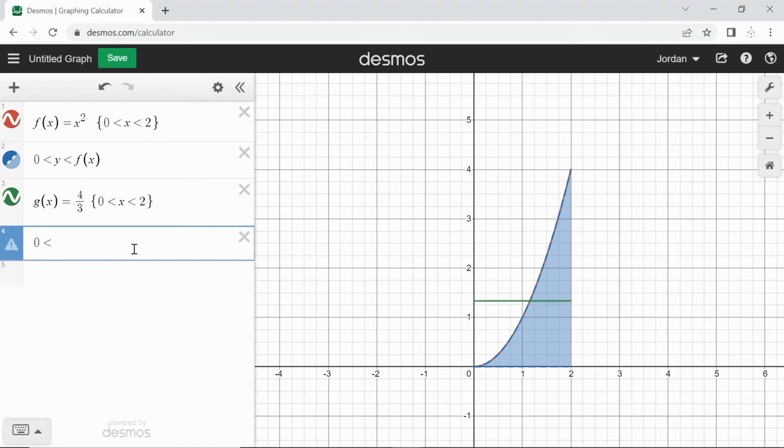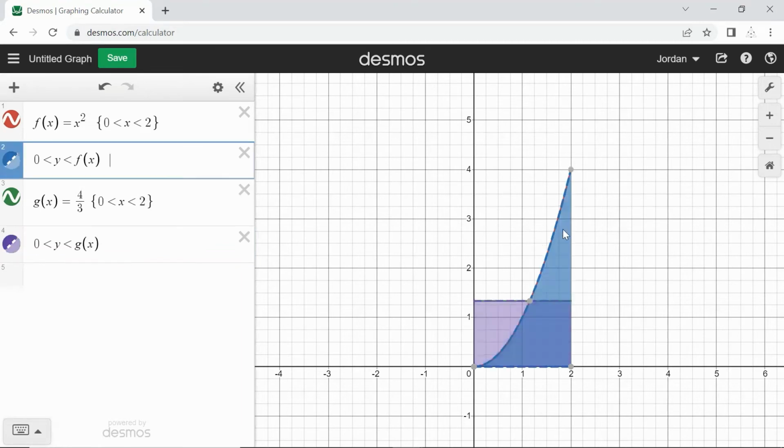I'm claiming that this purple area should be equal to this blue area. If you calculate it, that should level out. That should even out. The blue area and the purple area should give me the same thing.